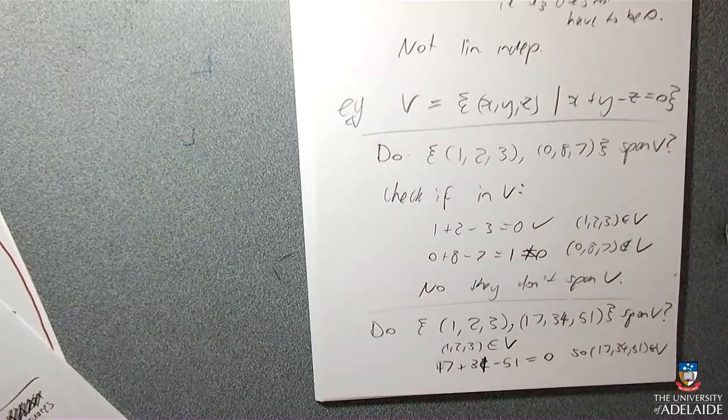So they're definitely in V. If they were going to span V, I'd need at least 2 of them. Well, they don't span V because this one's a multiple of that one, and they only span whatever 1, 2, 3 spans by itself. And you can't span a whole plane with only one vector.